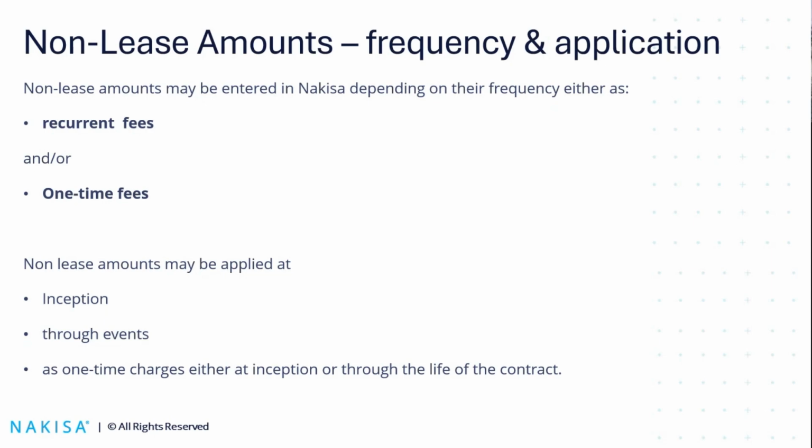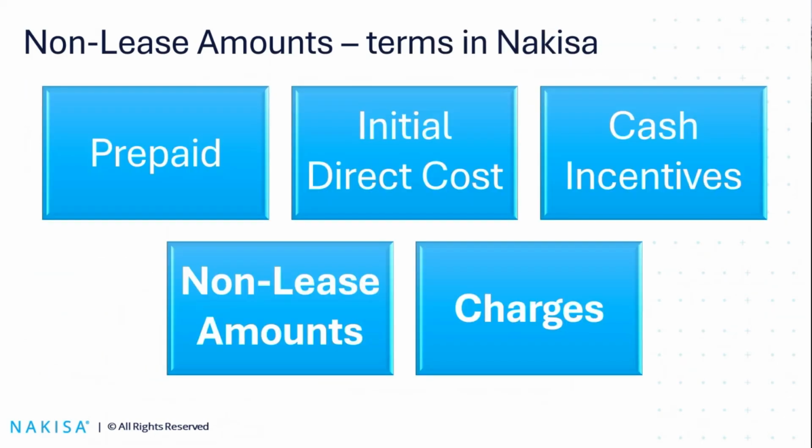They come from time to time. They do not follow the same frequency as your lease payments. So there are different ways of entering these amounts, and you can enter them from the inception if you know about them, but you can also enter them through events. And if they're more infrequent, if they're coming as non-recurring charges, you can make use of the charges functionality in Nakisa.